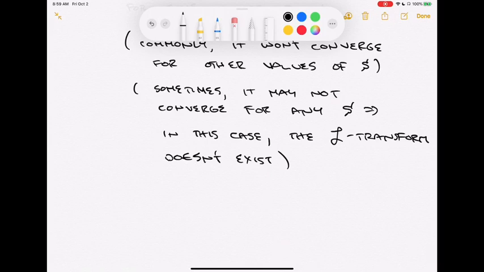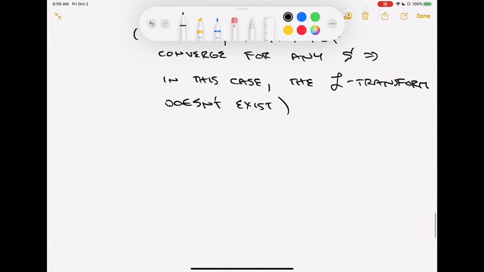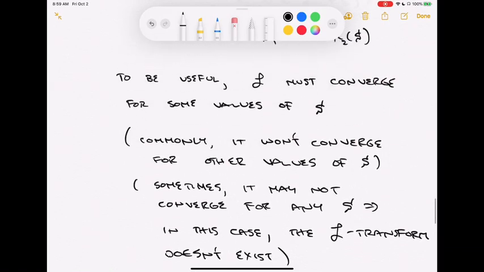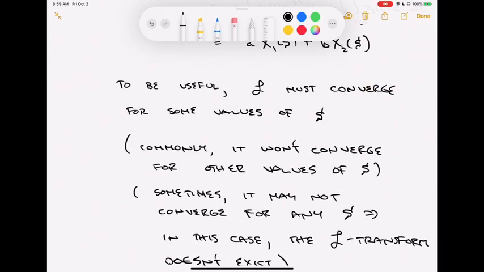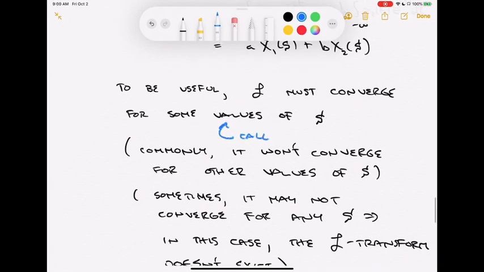To help get an idea of this convergence, I'm going to demonstrate it by example. These will be our first examples of taking the Laplace transform of a signal and considering this convergence issue. When we say that to be useful, Laplace must converge for some values of s, we call those values of s the region of convergence.